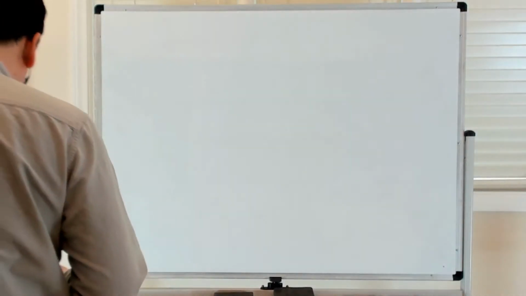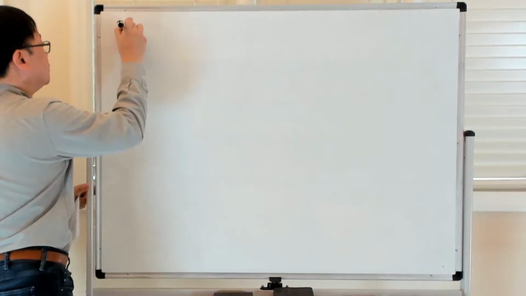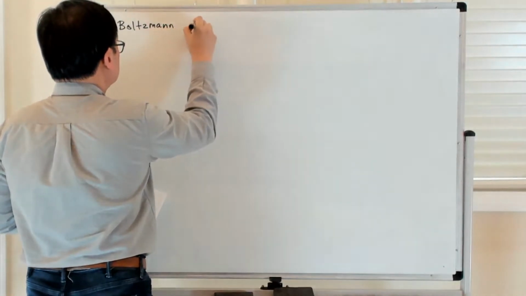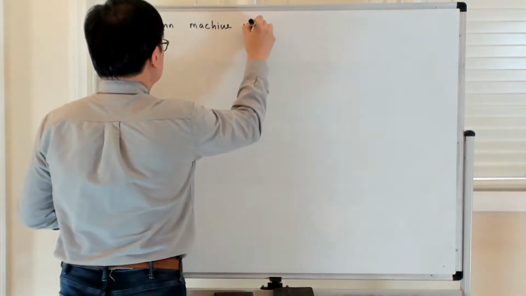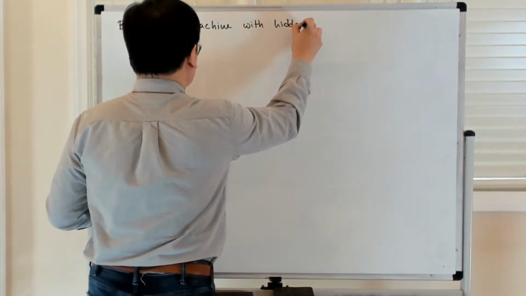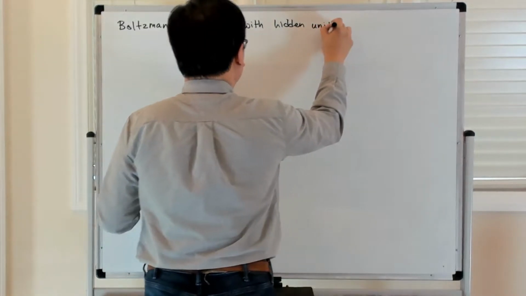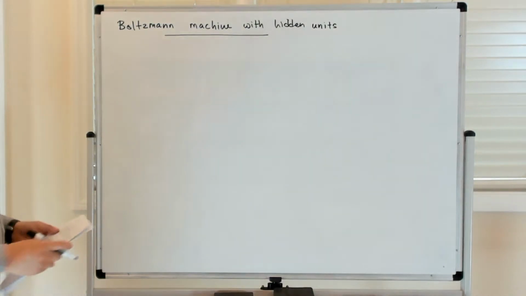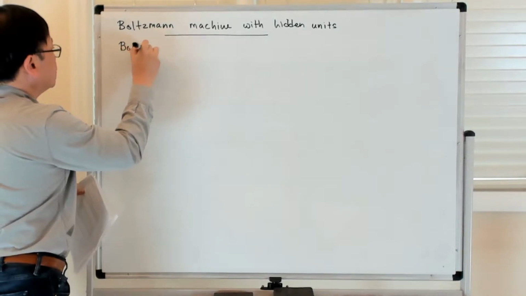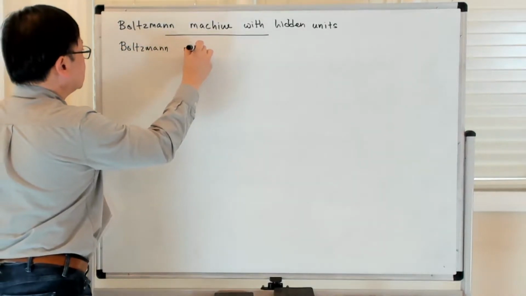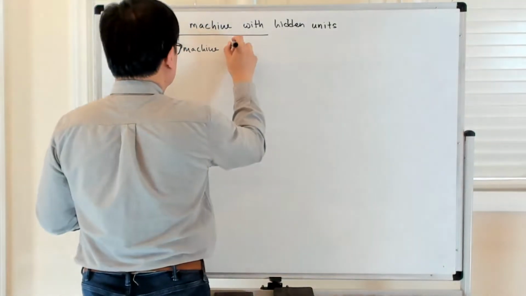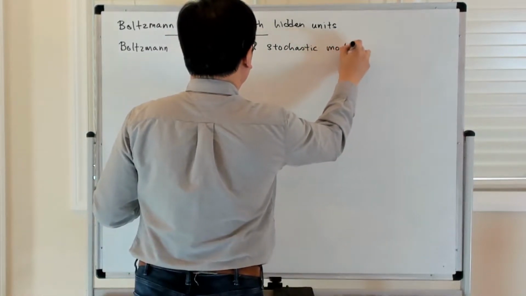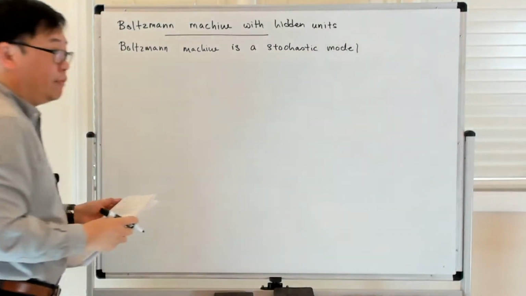All right, so now we're going to talk about the Boltzmann machine with hidden units. The Boltzmann machine basically is a stochastic model which has binary vector random variables.